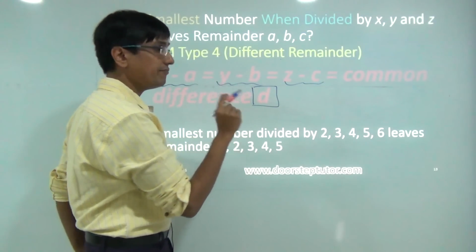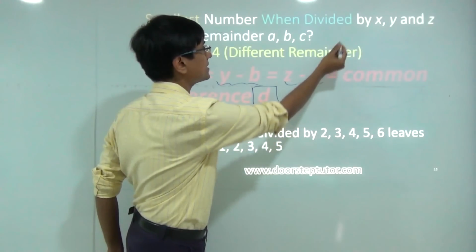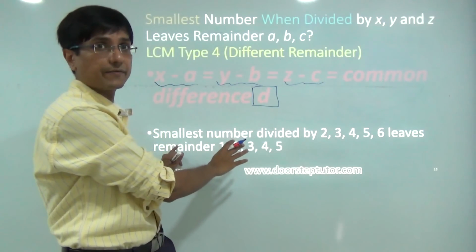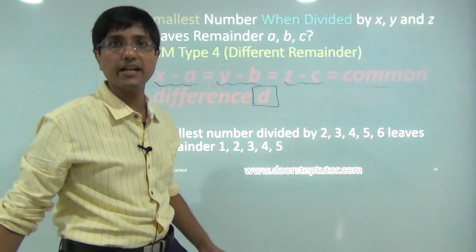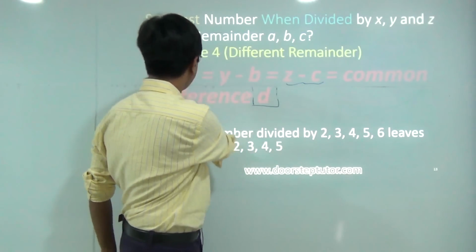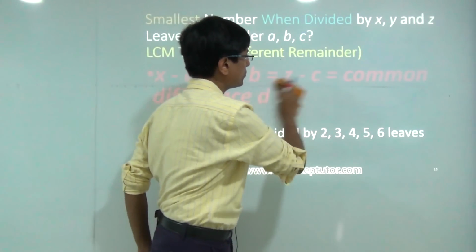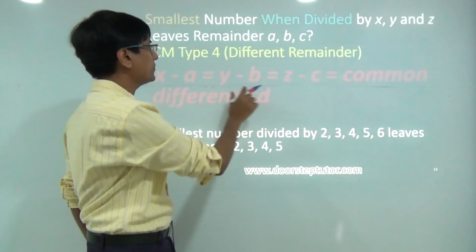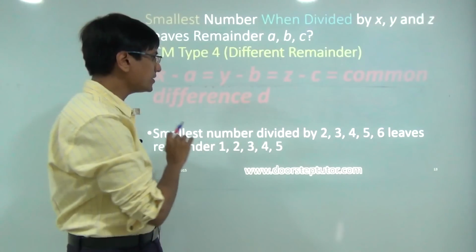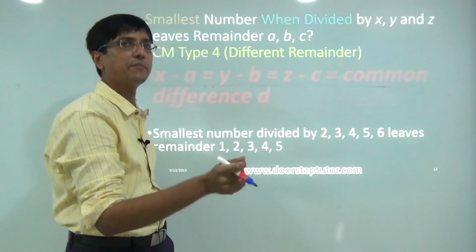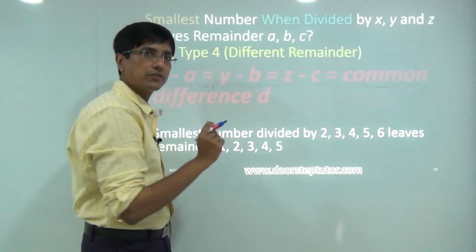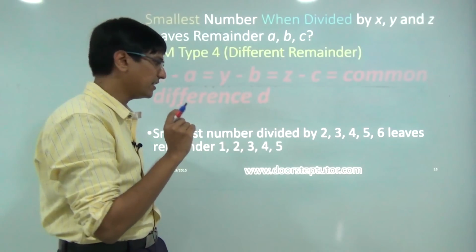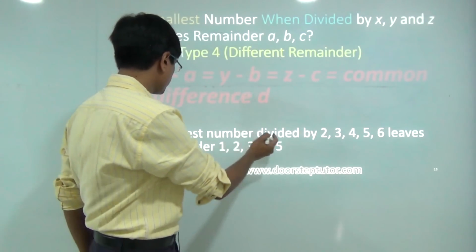Only when x minus a, y minus b and z minus c are the same can I use this technique. Otherwise, I have to use some other technique. But in most exams, if remainders are different in an LCM problem, they would satisfy this relationship. In 99% of the problems it can be solved. So let's look at an example and try to understand that technique.